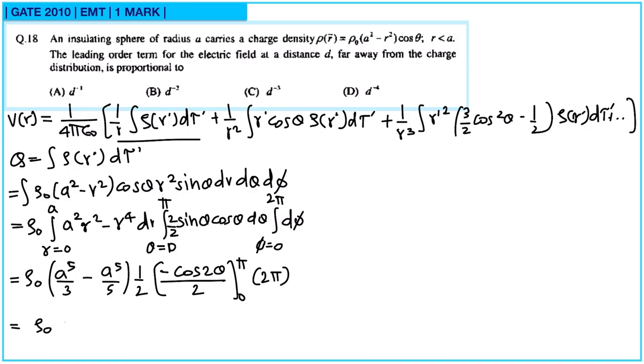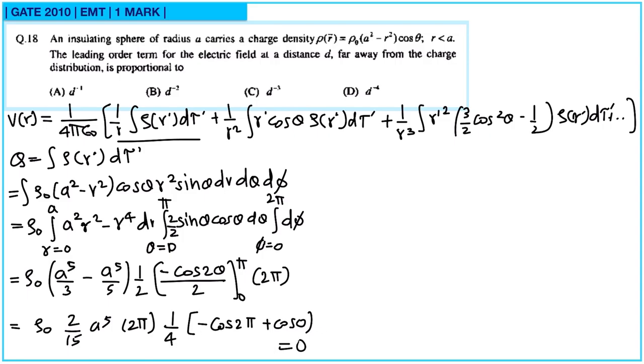So this will be rho naught in bracket, we have here 2 by 15 into a raised to 5, into 2 pi, into 1 by 4 with a minus sign. So this will be minus of cos of 2 pi plus cos of 0. So this will be equal to 0.